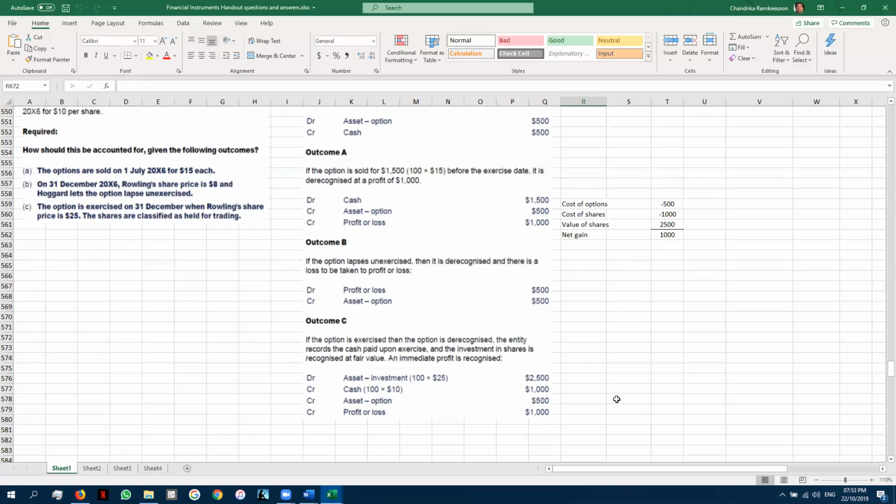See, the reason why there's a loss is he paid $500, and it comes as though it came to nothing. He didn't make use of it. You see, it is a cost.